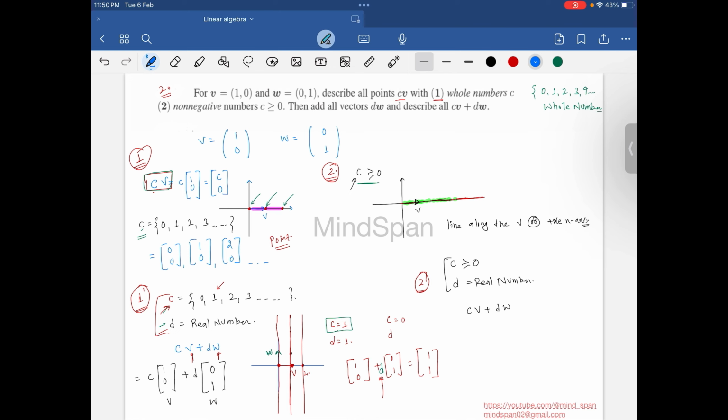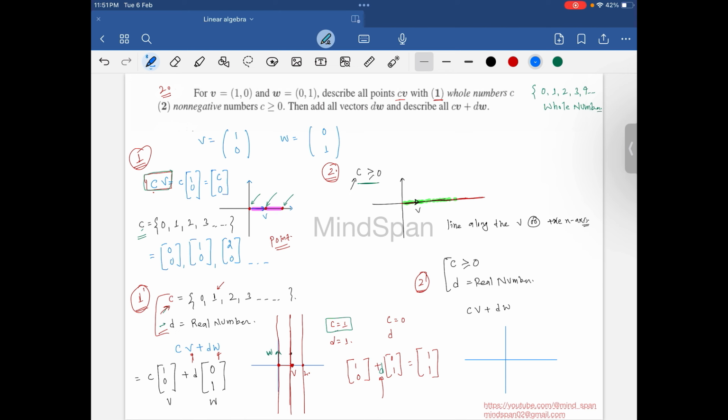Can you answer this question? So let me describe this one also. We will have more questions on this, where you will have to answer what space will be described by the linear combination.